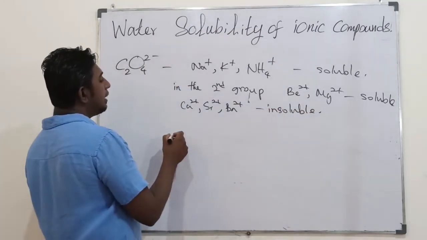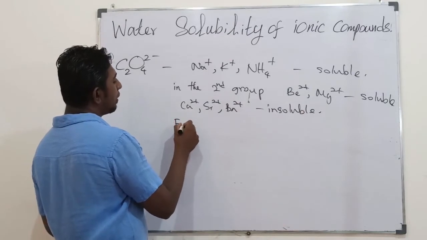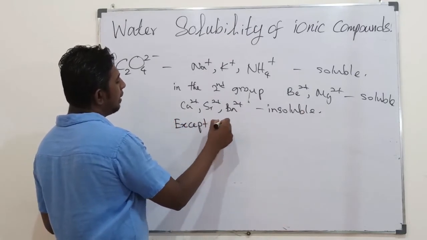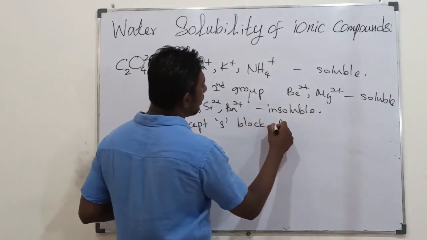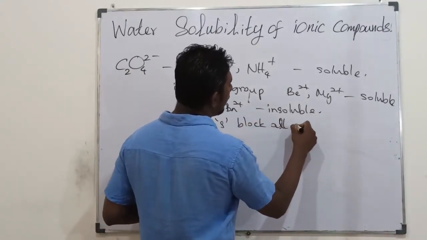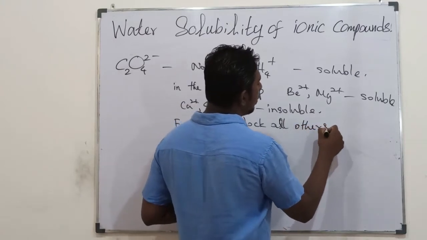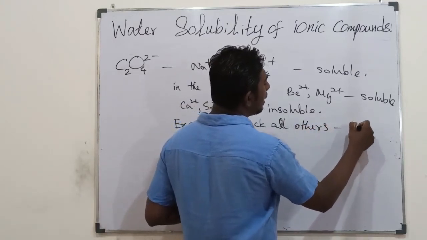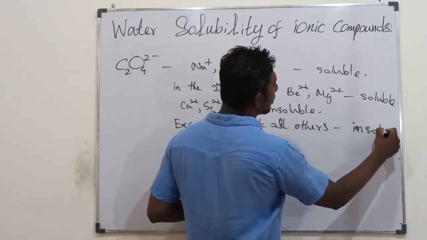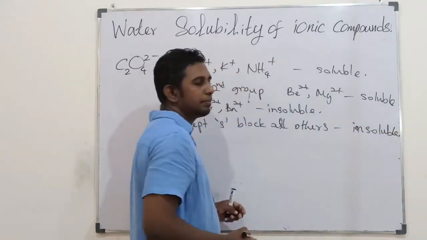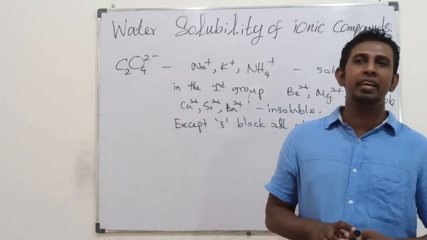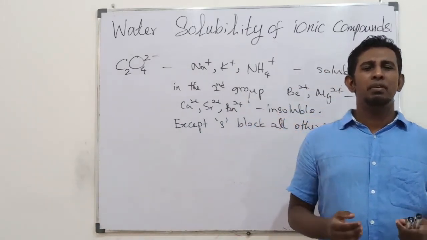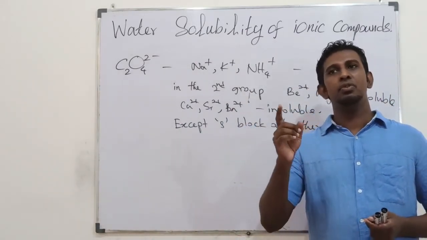Then last, except the S block, all other oxalates are water insoluble. It's easy. Oxalates are C2O4 2 minus ions.